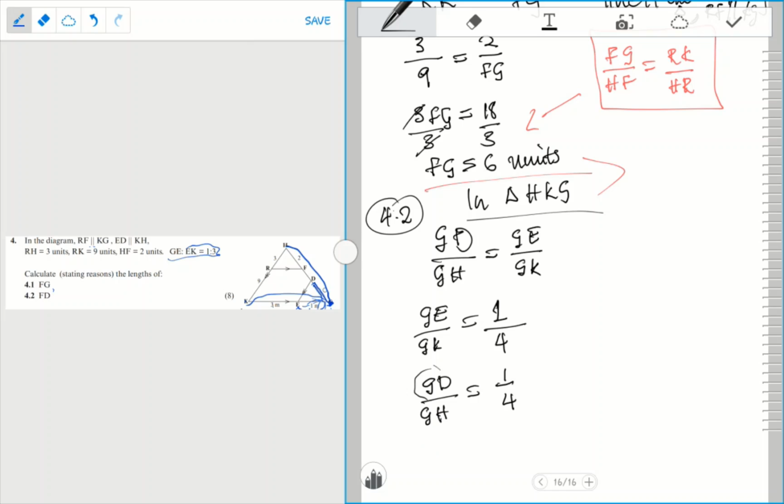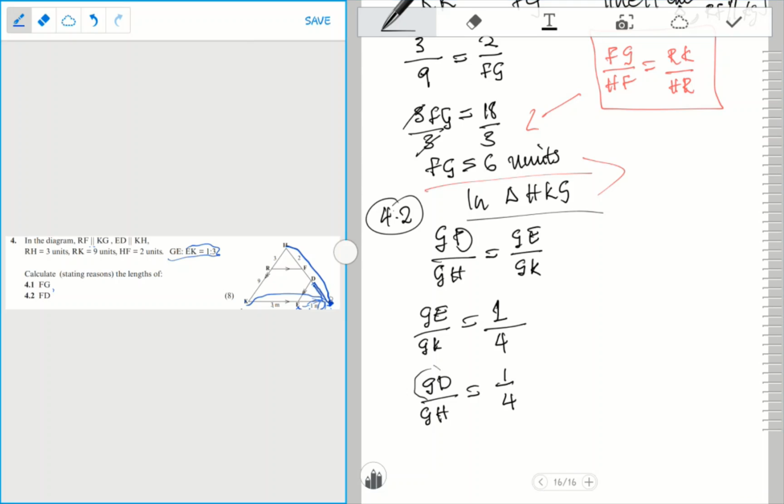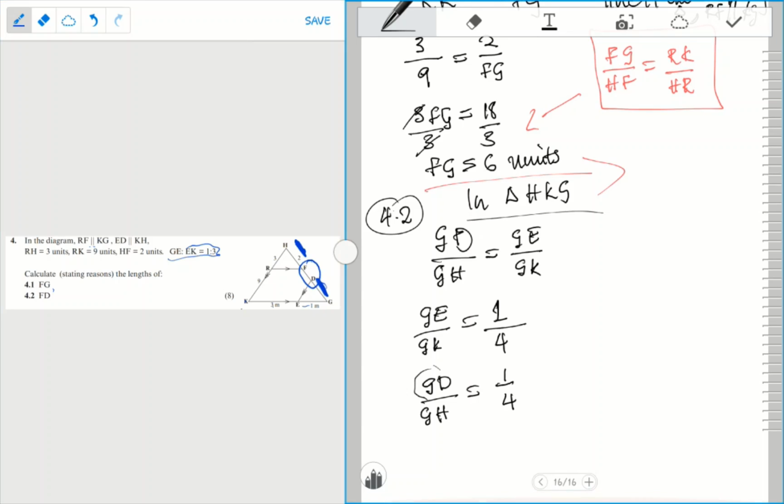And then we need GD, so that we can subtract. We know this distance. The idea now is to get this distance, because this one we already know it. And if we get this distance, we can subtract this distance, and then we get the distance, the whole of FT.